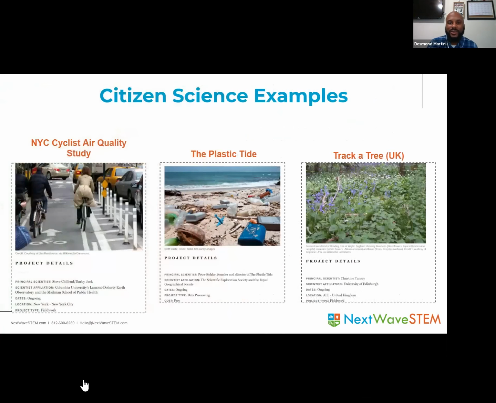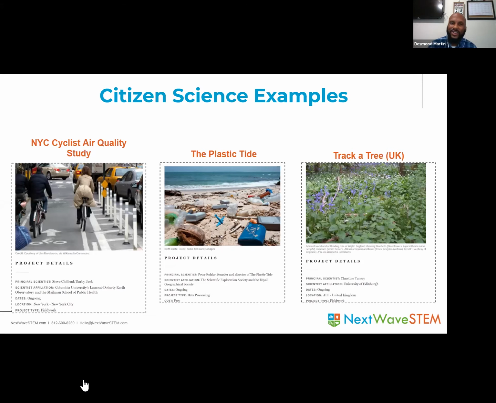So what are some examples? I mentioned citizen science, but what do we mean when we say citizen science, and what would we expect students to do? Well, there are three really quick open examples for us to observe. I've pulled these from the Department of Education's citizen science page. The first is the NYC Cyclist Air Quality Study.